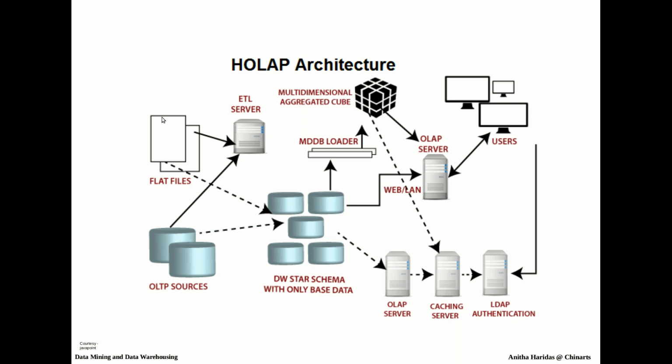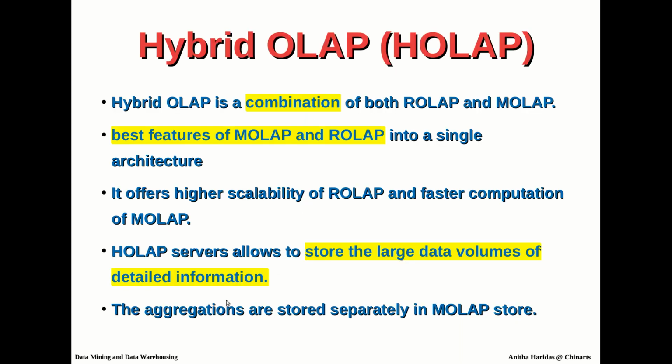So this is the architecture of HOLAP. Now we are going to have all the sources here, and you will have an ETL server. The ETL server is nothing but your data warehouse server, for extraction, transformation and loading. This server will load the data as a multidimensional aggregated cube, right? So you will have this data also if you require aggregation.